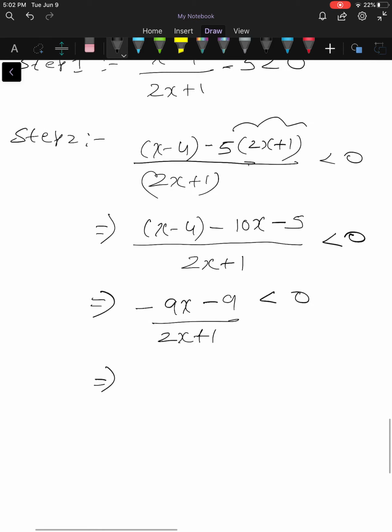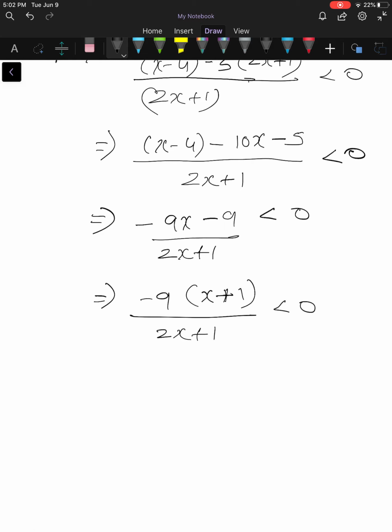So you can see the numerator is negative 9 times x plus 1, divided by 2x plus 1, less than 0, is our final factorized form. You may be tempted to multiply 2x plus 1 on both sides and cancel out the denominator. But you do not know whether 2x plus 1 is negative or positive to apply this rule.